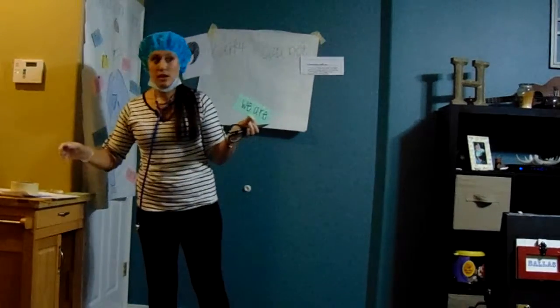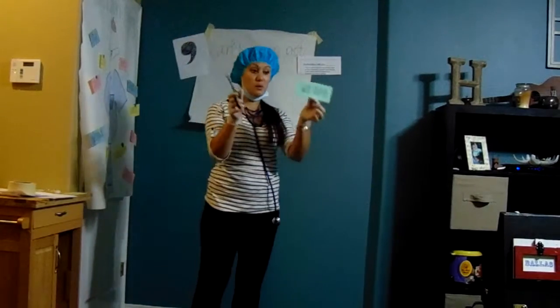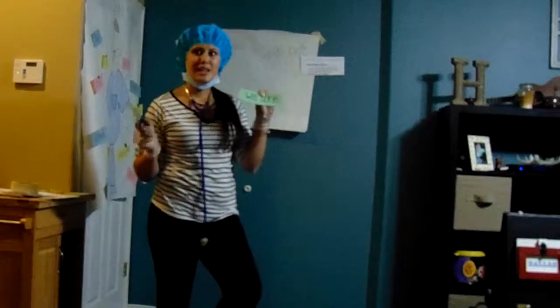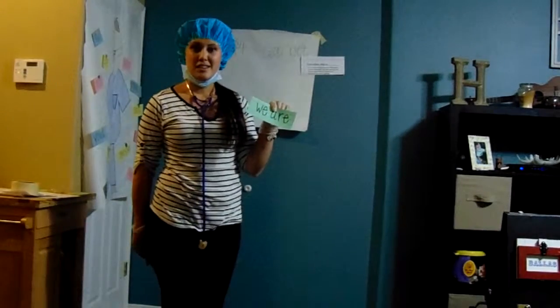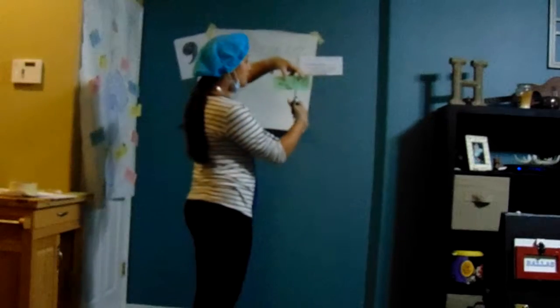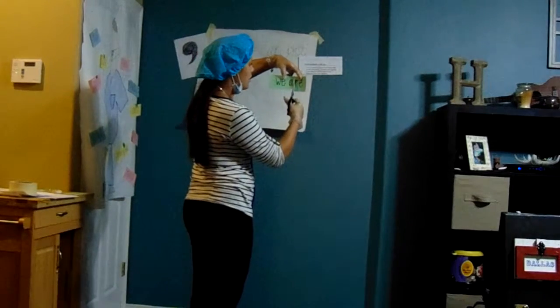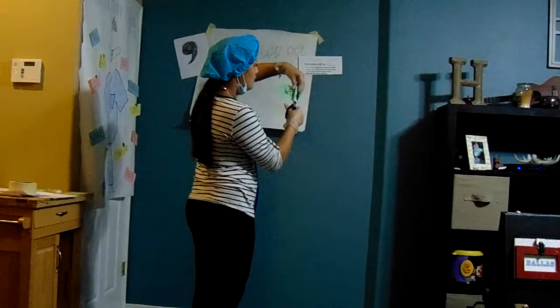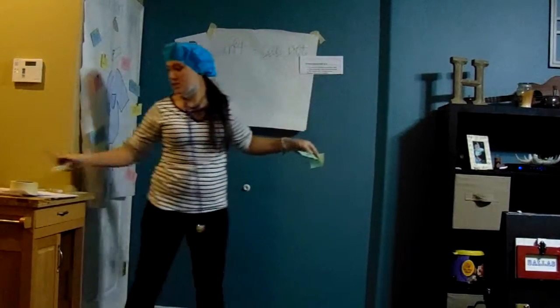Okay. So, I'm going to perform word surgery. And to get rid of our A, what do you think I'm going to do? Cut it out. Exactly. So all I'm going to do here is cut out my A just like this. And I'm going to place my A off to the side because we don't need it anymore.